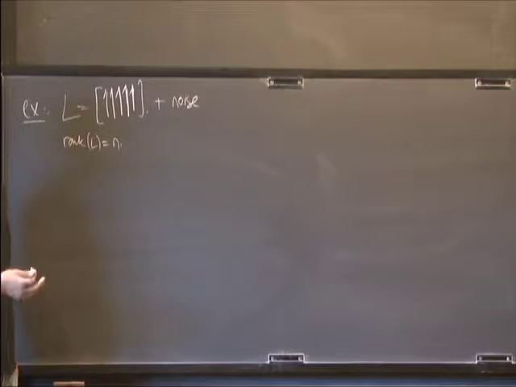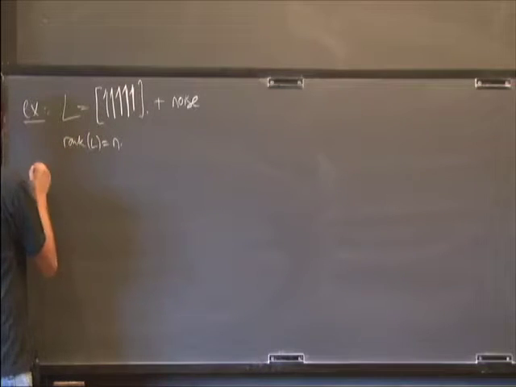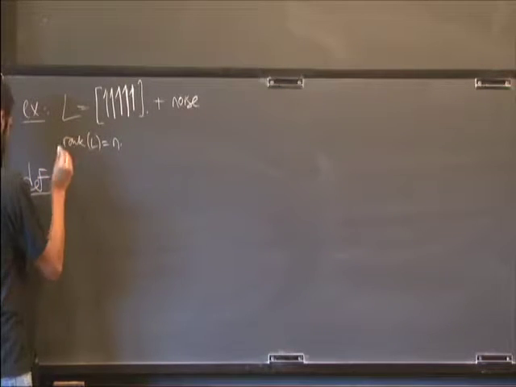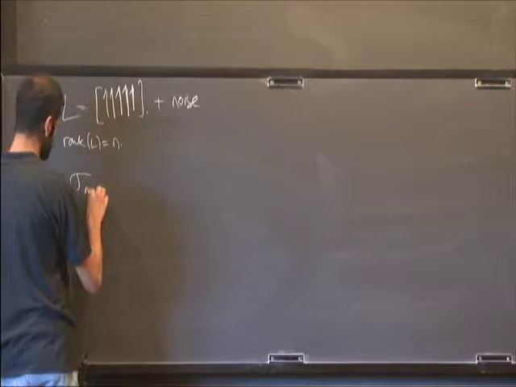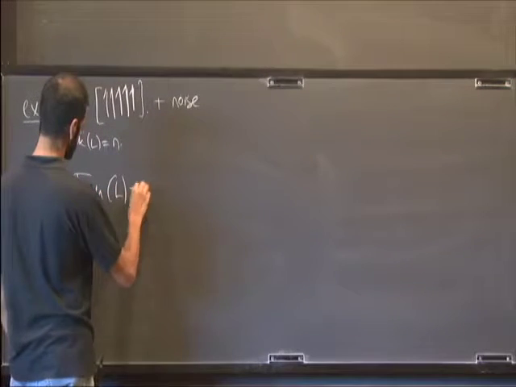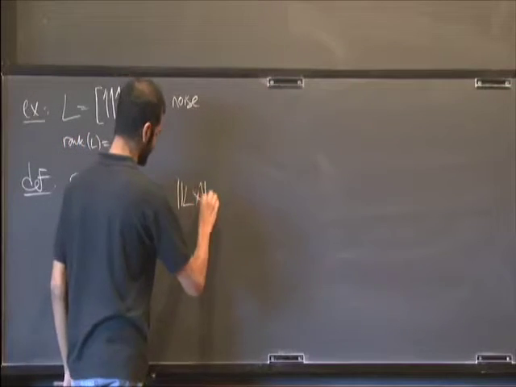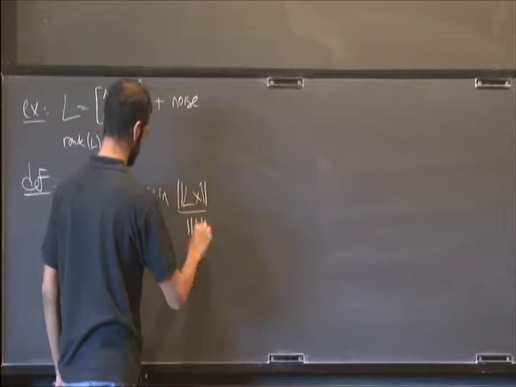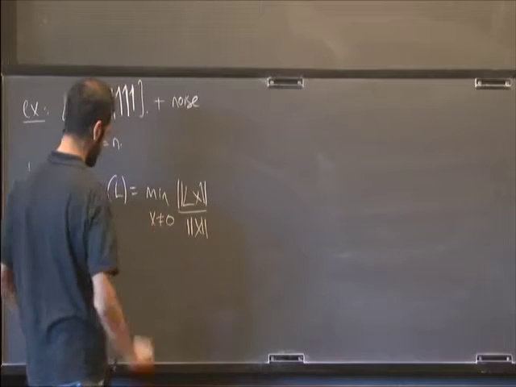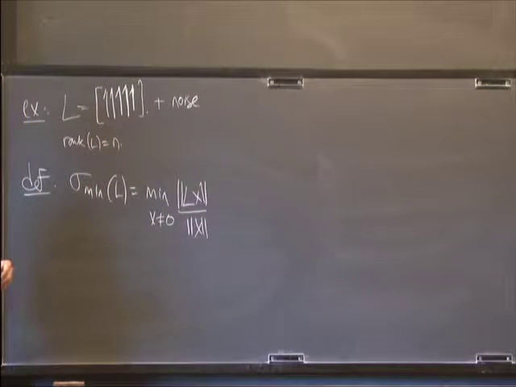So this is not a quantitative enough notion of degeneracy. To remedy this, we can define the least singular value of a matrix to be the minimum of the length of Lx divided by the length of x over non-zero vectors. This is a measure of how much L can shrink a vector.